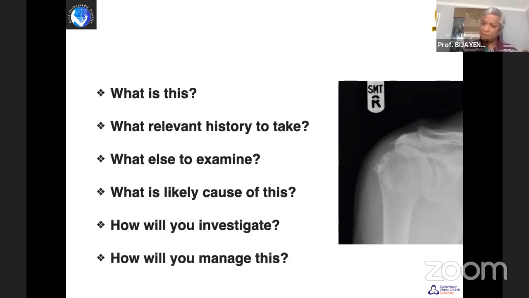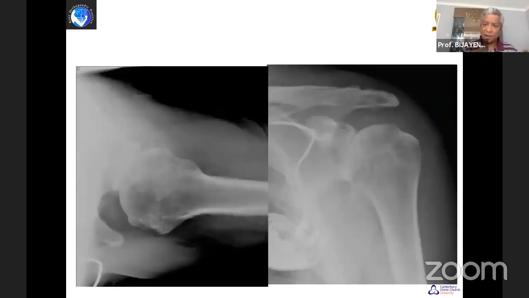So I think for shoulder arthritis, and certainly for cuff tear arthropathy, it's the same. Now, going along the same, similar principles, but the difference is that this is an X-ray, both AP and lateral view of the shoulder, showing glenohumeral osteoarthritis.